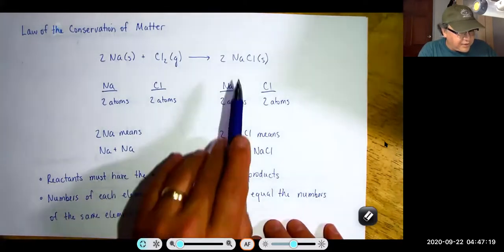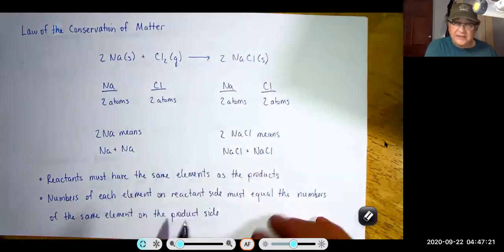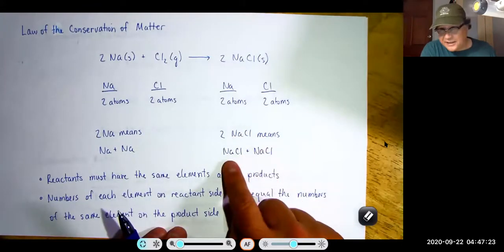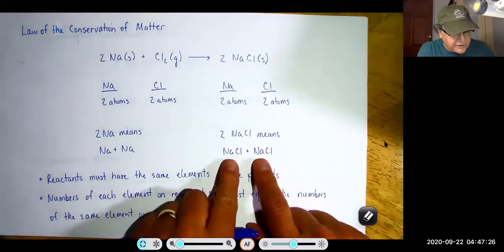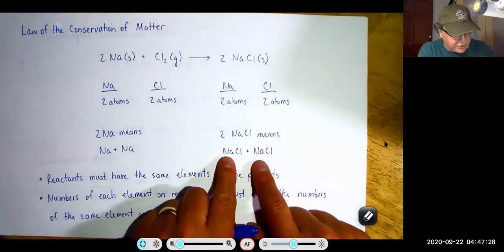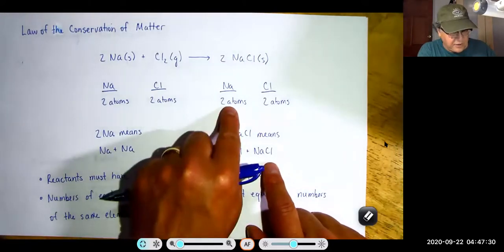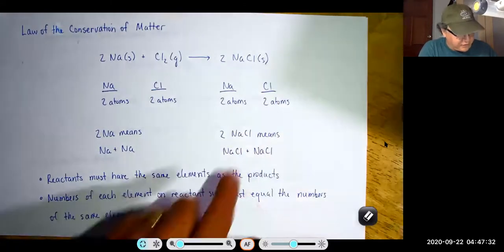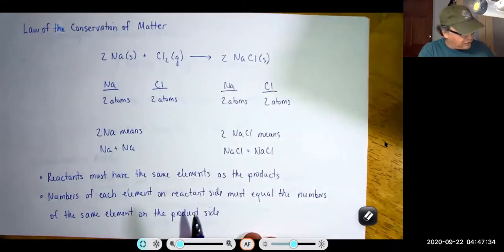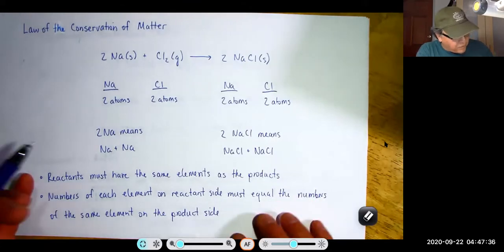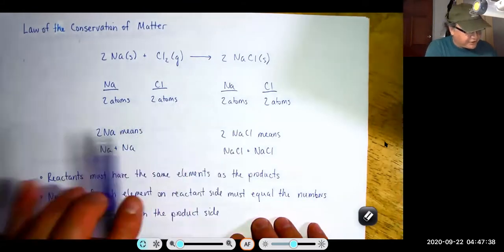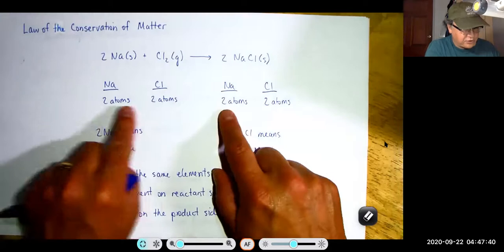So what does the 2 NaCl mean? Well, 2 NaCl means NaCl plus NaCl, and you can clearly see there's 2 sodiums and there's 2 chlorines. So 2 atoms of chlorine and 2 atoms of sodium. So we can see that when we make the list that these are balanced, 2, 2, 2, and 2.